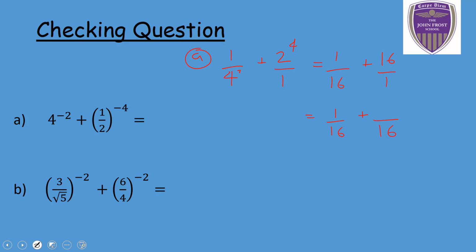I've multiplied the denominator of 16 over 1 by 16, so I've got to do the same to the numerator. 16 times 16 is 256. Then 1 plus 256 is 257 over 16.